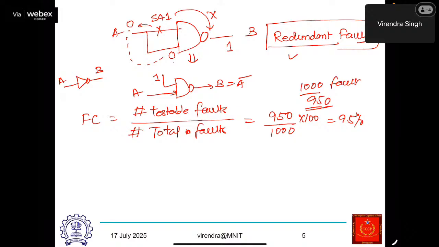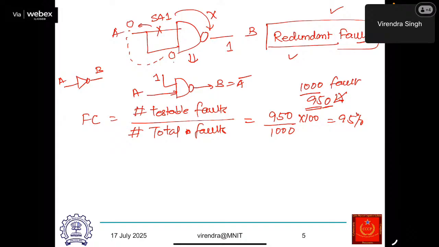However, if the remaining 50 faults are untestable, or they are redundant faults, so that there is no test vector corresponding to them, in that case we call them redundant faults, because I cannot generate a test vector for them. Therefore it's really not wise to say that this circuit has lower testability, as in this case it shows that 95% of faults are testable, 5% are not testable.